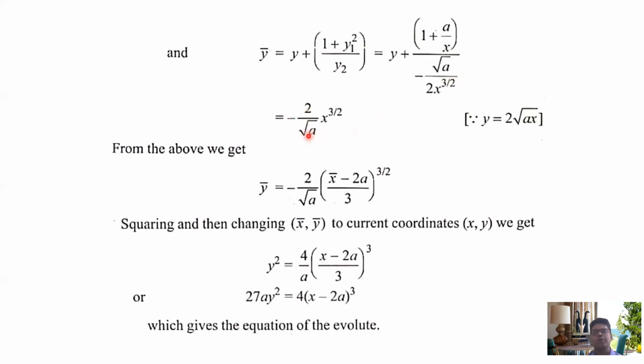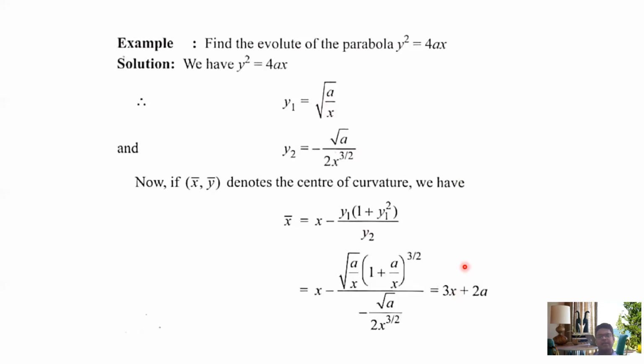Minus 2 by root a x to the power 3 by 2, where y is equal to root under 4ax. So from the above it is clear that y bar is equal to this, and x bar is equal to this.